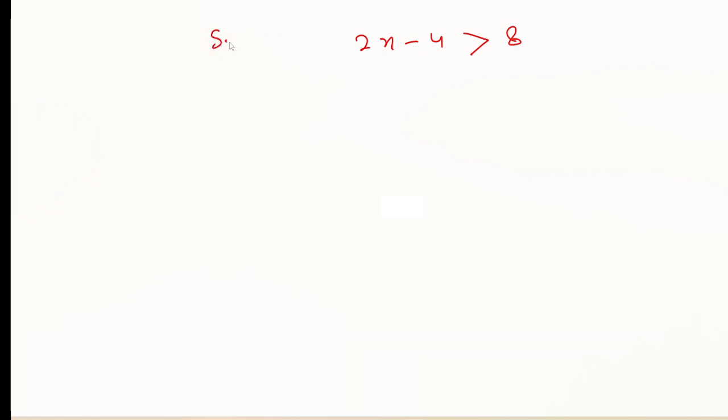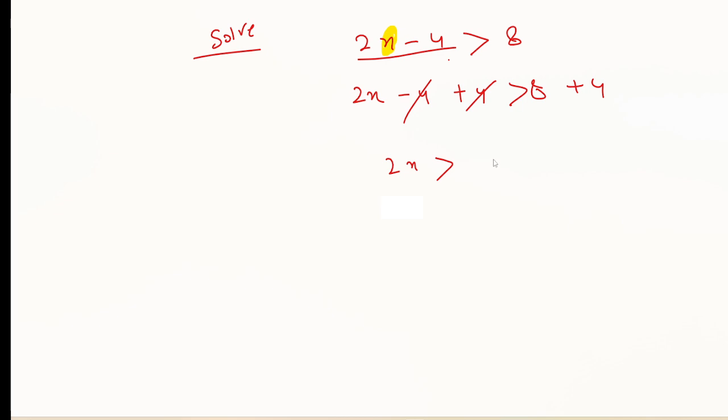If I have to solve it, I need to find x, solve it for x. So again negative 4. So the opposite of negative is positive. So I'll note it as it is. Add 4 to both sides. This will cancel out. 2x is greater than 8 plus 4 is 12.